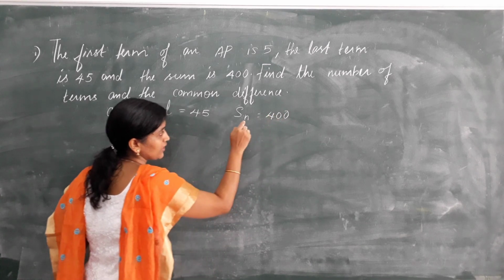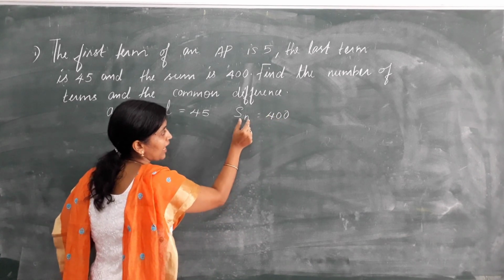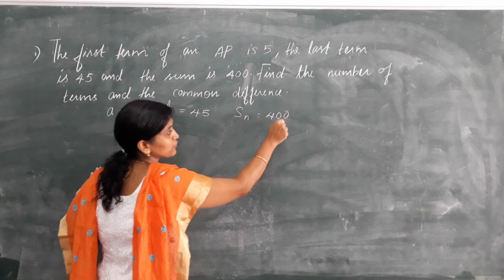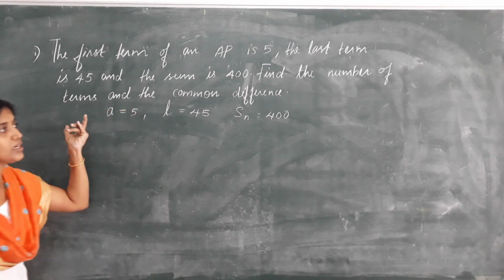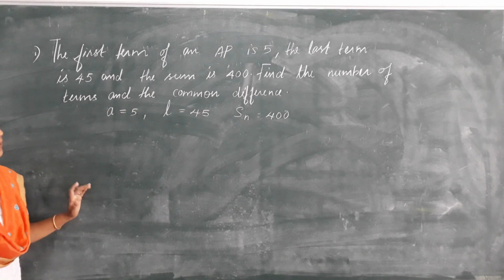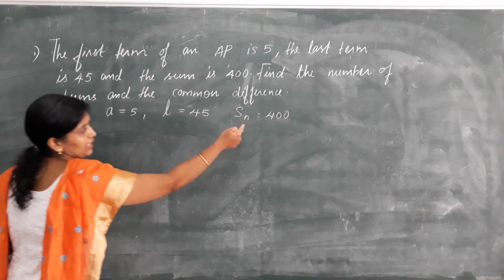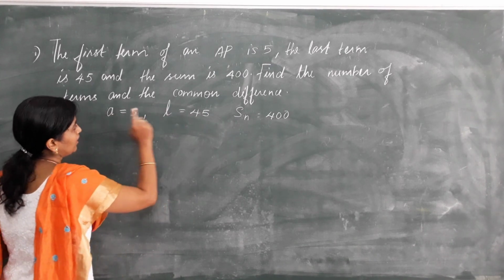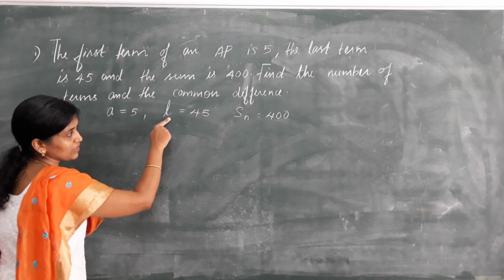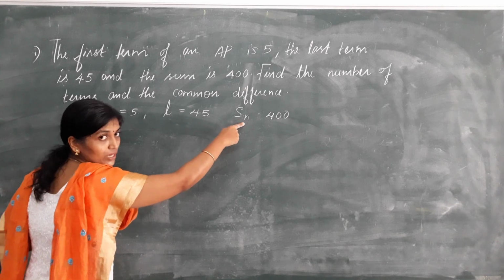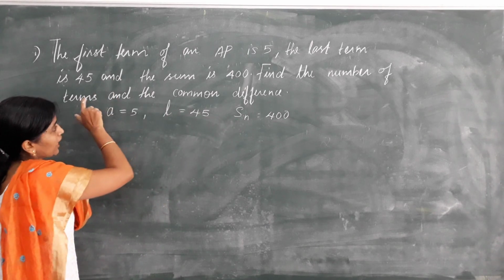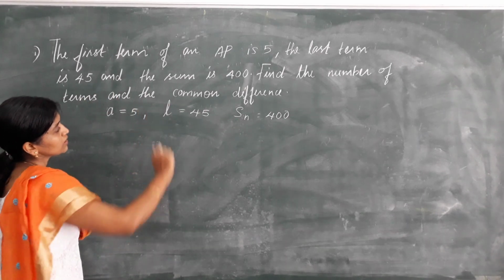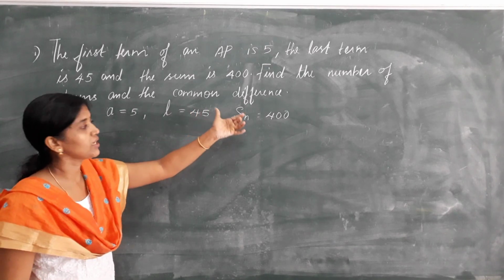So, we have to find how many terms added give the sum as 400. That is, we are asked to find the number of terms, n. Again, Sn is given, a is given, l is given. We are going to use the formula for Sn to get the value of n and also the common difference d.